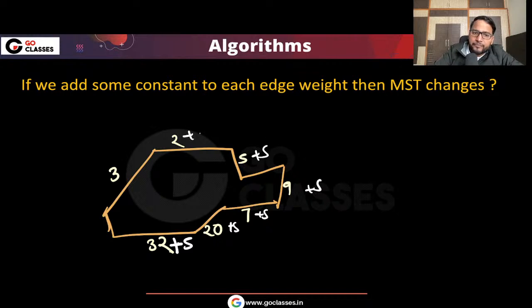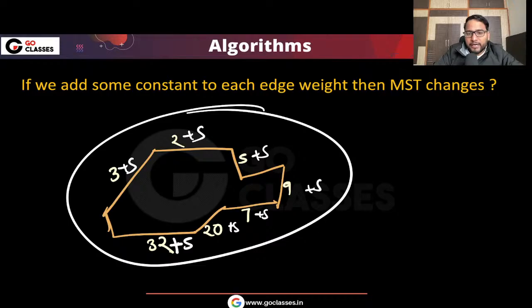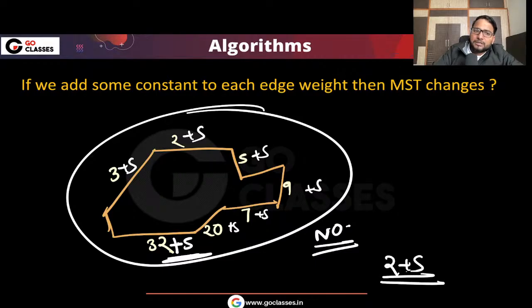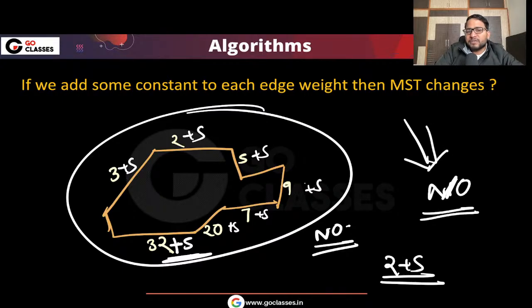The answer is no, the MST will be the same. Why? Because it just checks the relative ordering of the edges. Earlier 2 was the minimum, now 2 plus 5 is still the minimum. The weight of the MST will obviously change because you're adding to the edges, but the MST itself won't change.